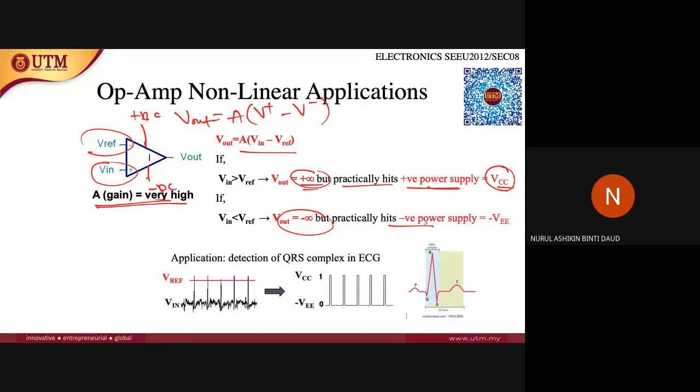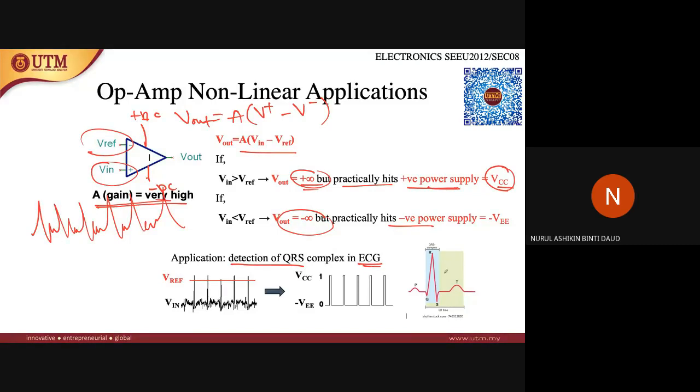So where can we apply this comparator? The comparator is very useful for the QRS complex in ECG. ECG is the electrocardiogram, which usually detects your heartbeat. You can see there is a high input and low input like this.